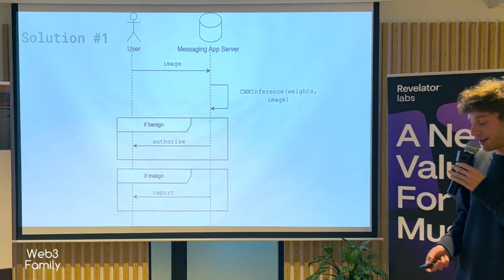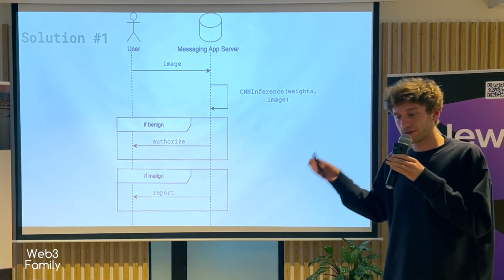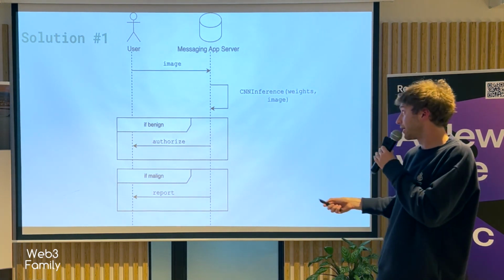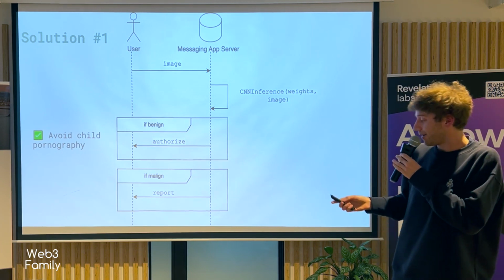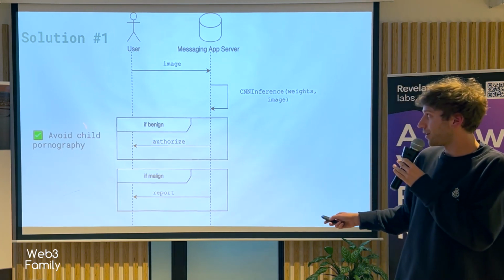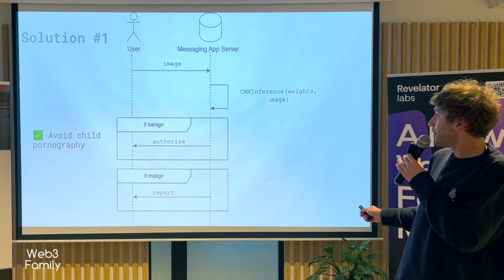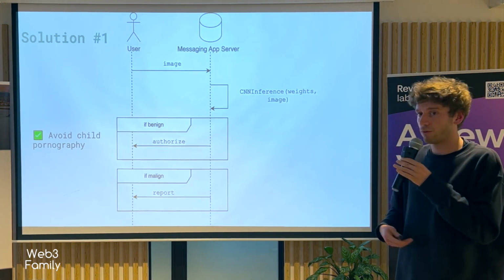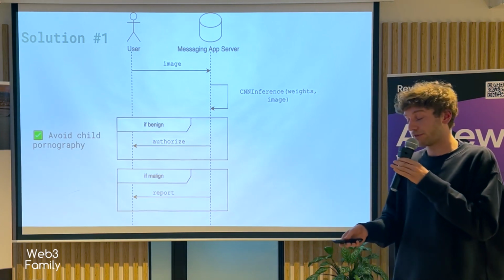We're always going to analyze a solution according to the two desired goals that we defined at the beginning. First of all, yes, it avoids child pornography, because we assume that the model is accurate enough to judge whether something is child pornography or not.